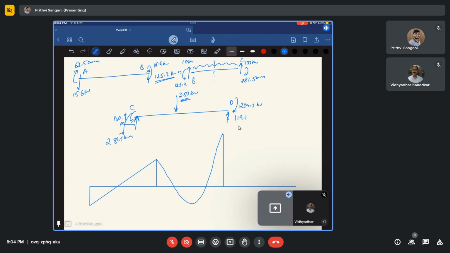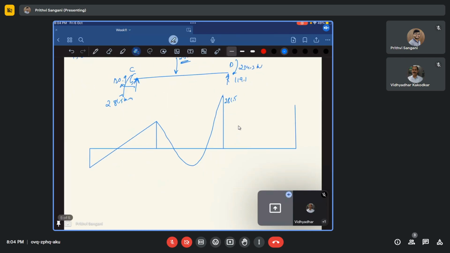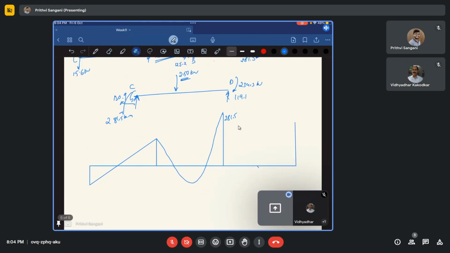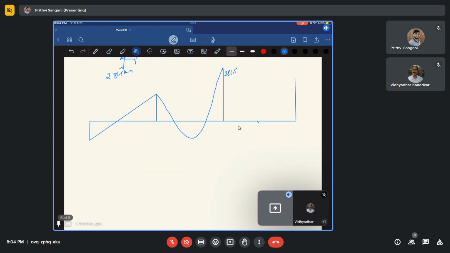So far we obtained this is around 281. Okay. So this should be around 231. At B it is 231. So this is 231. So we have something which is at the middle, so that again you can find out what is happening at the point where the point load is acting. So if you find out, you'll be getting a value of 241, which is positive.